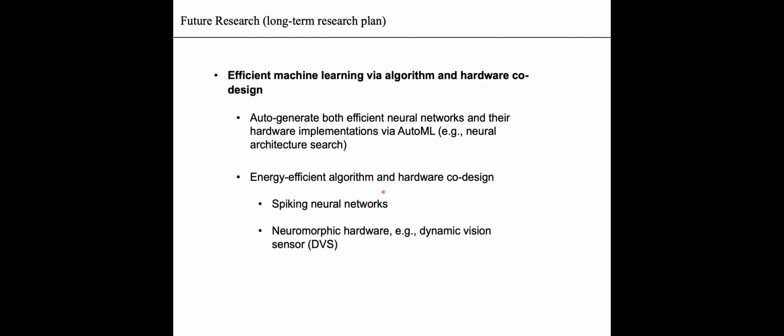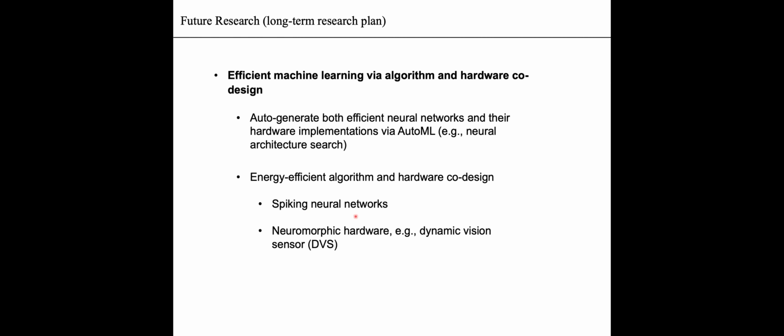As a matter of fact, a lot of energy has been devoted to AI research, right? That causes a lot of greenhouse gas emissions. But on the other side, if you think about how our brain works, our brain is able to do complicated computation at ultra low power, right? So I want to explore this direction by using brain-inspired networks, specifically spiking neural networks.